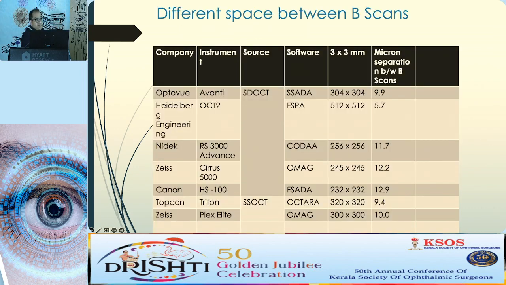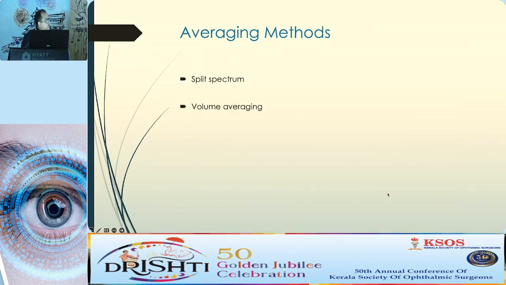So if you look at the various machines available and only focus your attention towards this column here, Heidelberg has the minimum separation between two different B scans at the level of around 5.7 microns, and the highest is seen in the Canon machine, which is around 12.9 microns. So again, after taking these photographs, the software tends to average these photographs to give a clearer picture, which can be of two different types.